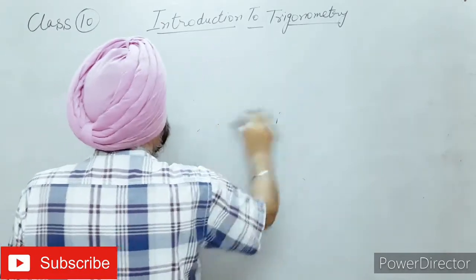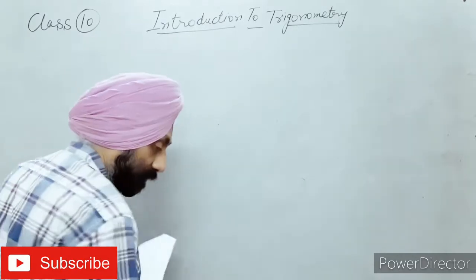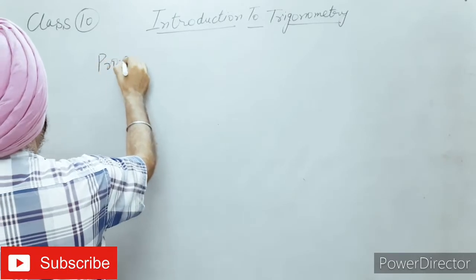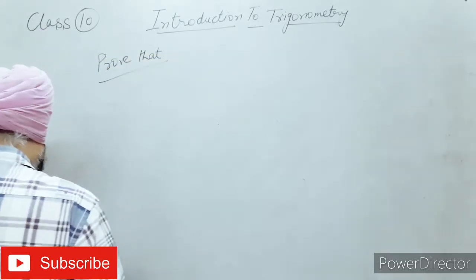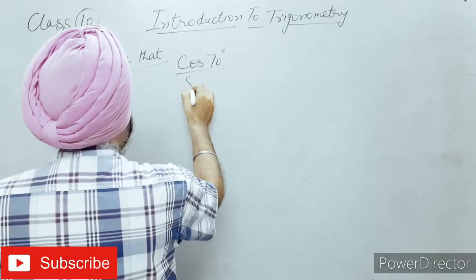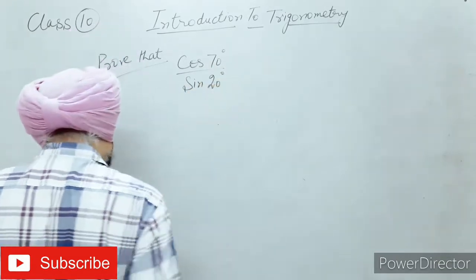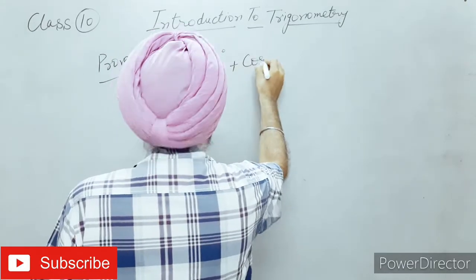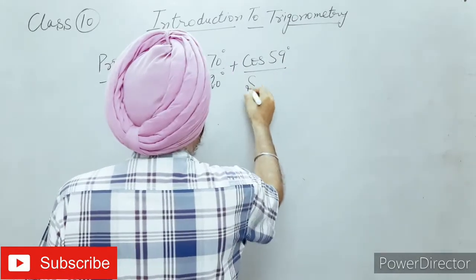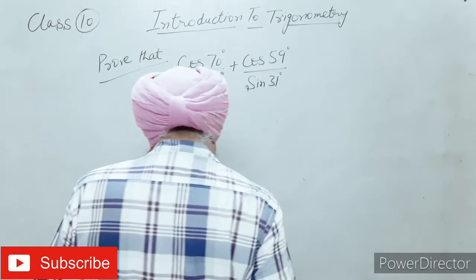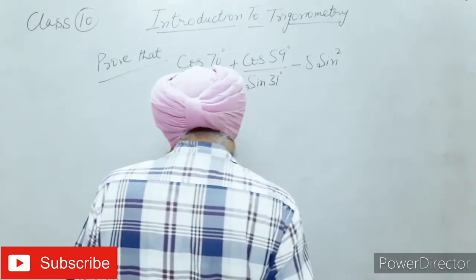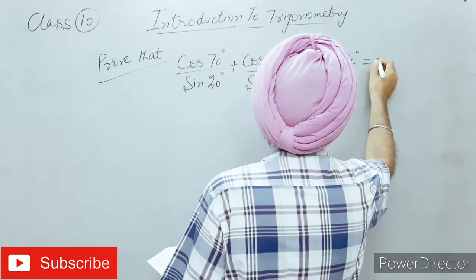Now the third sum, based on this concept, it can be like this also. Now prove that cos 70 degrees upon sin 20 degrees plus cos 59 degree upon sin 31 degree minus 8 sin square 30 degree equals to 0.